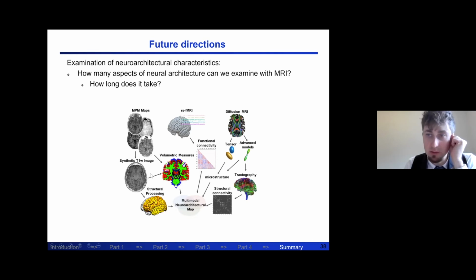So you can get all the classic ones where you can do tissue segmentation, gray matter, white matter volume, and more things. And you can do segmentation of cortex into different areas, judge cortical curvature, thickness, size of these areas, all these types of things that you can do as well with the T1.